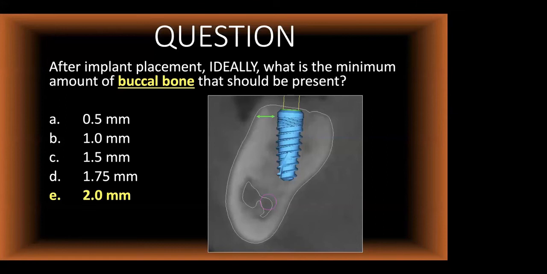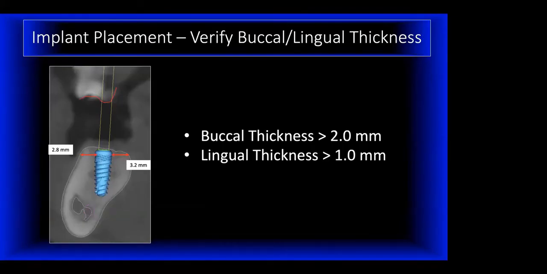And what the studies have shown is that with that 2 millimeters of bone, you have less resistance to tissue recession and bone loss around that implant. So this is the same with an immediate implant. We want 2 millimeters of bone on that facial aspect to protect that implant. And that's more the new literature that has come out. So we verify the placement. We check our buccal and our lingual thickness.